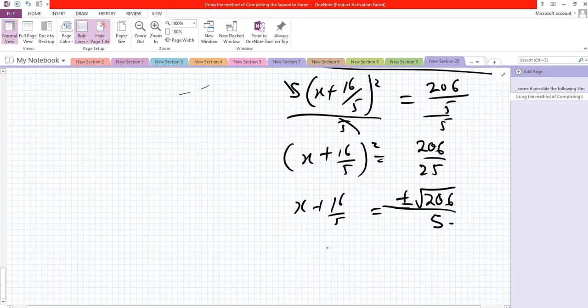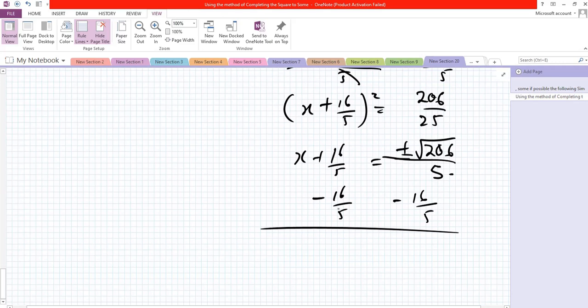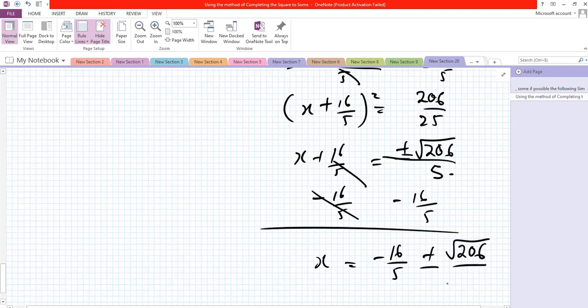So if you add minus 16 all over 5 to both sides, this will cancel out this. You're left with x equal to minus 16 all over 5 plus or minus square root of 206 all over 5.